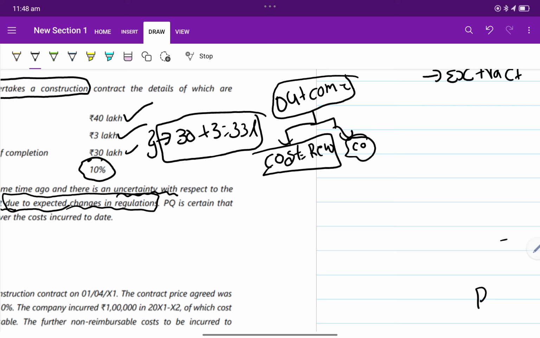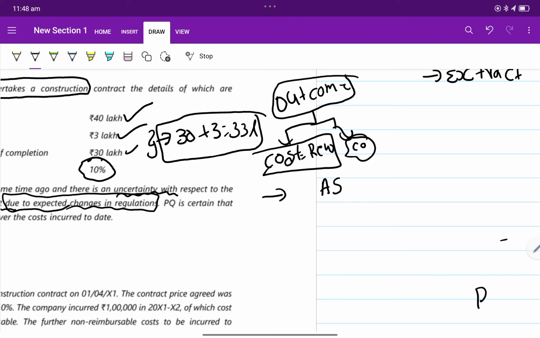So what you will write in the examination, you should say AS7. As per AS7, if the outcome of the contract is not reasonably certain, then the revenue is equal to the cost incurred. Whatever may be the cost incurred in that year, you should recognize in the P&L, Nana.